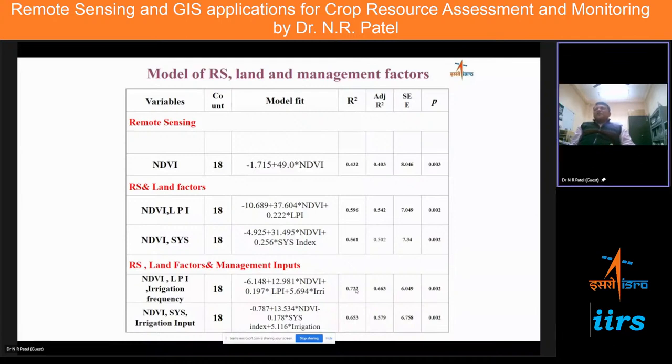NDVI and these optical based indices which we get from the satellite data, also backscatter from microwave remote sensing or other data, are better related with the biomass. Yield, the economic produce, is also dependent on the soil factor, management factor, as well as weather factor. So unless we take care of all those things, we cannot get a better yield model for crop yield estimation well in advance.